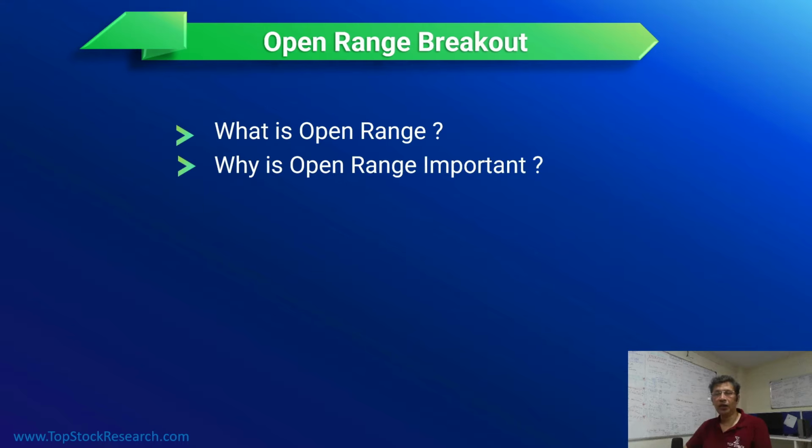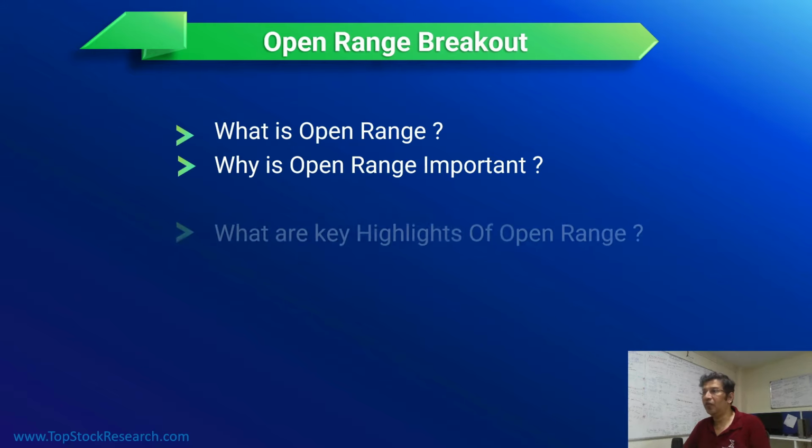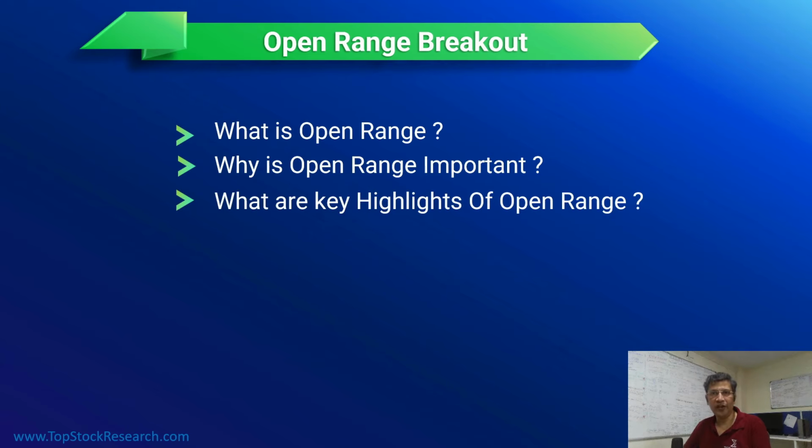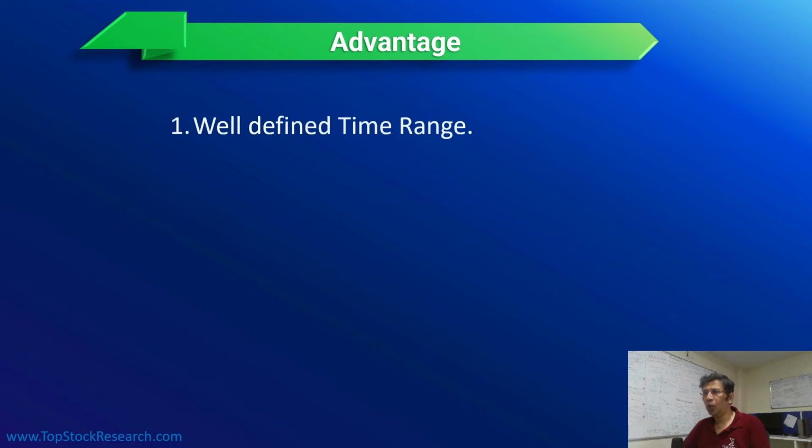It is important because of some of the reasons that I'll be coming in a short while, but it's really important to utilize it. And once you get a fairly good idea about the strategy, you can use it to maximize your profit. And what are the key highlights of open range? Okay, that's what we'll be covering. So why it is important is because it's very clearly defined.